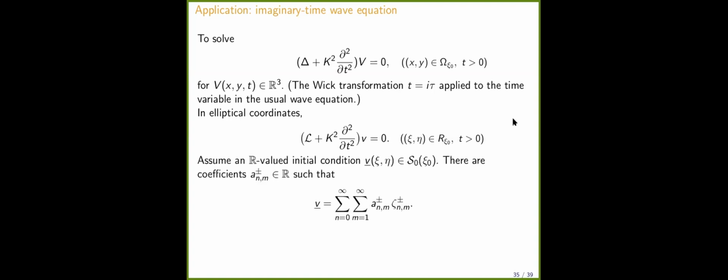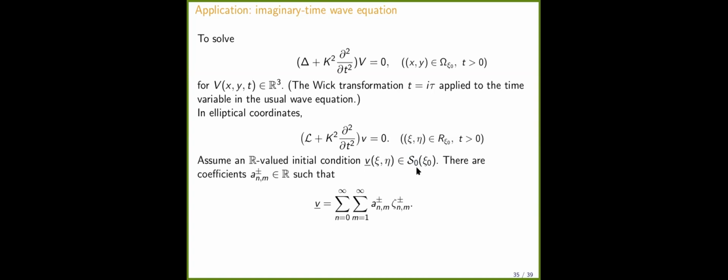Let's assume a real valued, scalar valued initial condition v, a function of elliptic coordinates xi and eta. We assume it satisfies all of the symmetry conditions, that it came from an actual physical problem, and it also vanishes on the right-hand boundary. So let's assume it extends continuously to the boundary, automatically in L2.